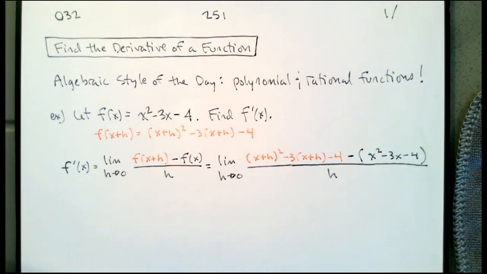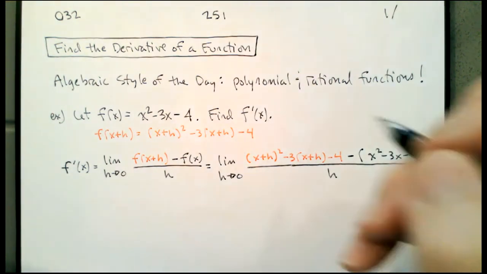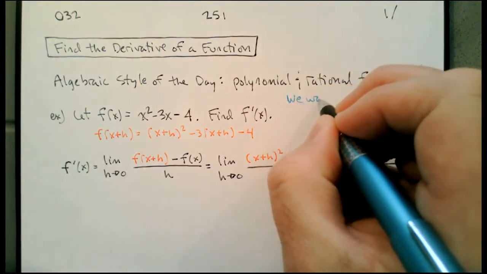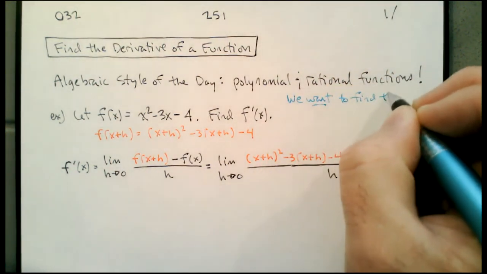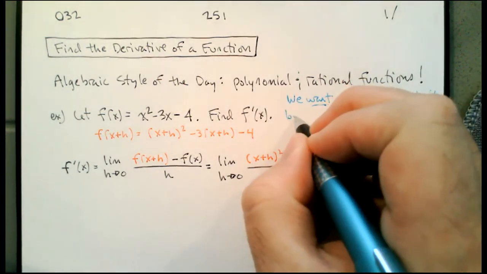Remember what we want to have happen. We want to plug h equals 0 into our expression to evaluate the limit. But to do that, we have to cancel the h from the denominator. So our goal is to find this limit by plugging in h equals 0.